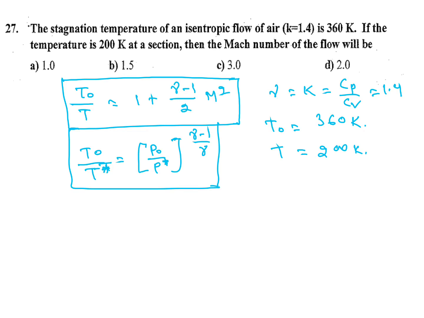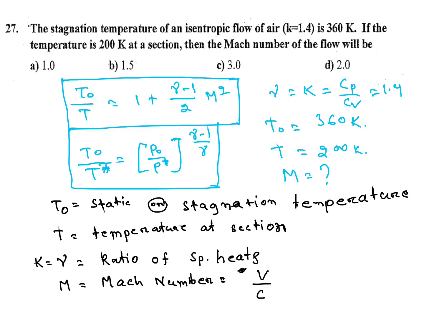We have to find the Mach number of the flow. Here T0 is the stagnation temperature, T is the temperature at the section, K equal to gamma is the ratio of specific heats, 1.4, and M is our Mach number, V by C.